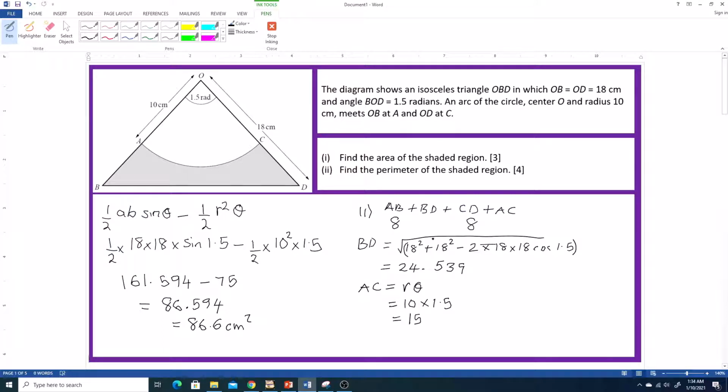So we need to add 24.539, add 8, add 15, which gives me, let me just punch that out, 55.539, which just gives us 55.5.